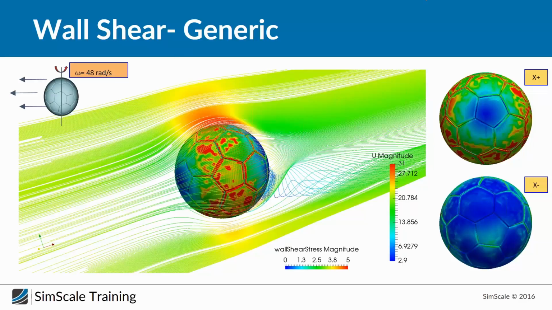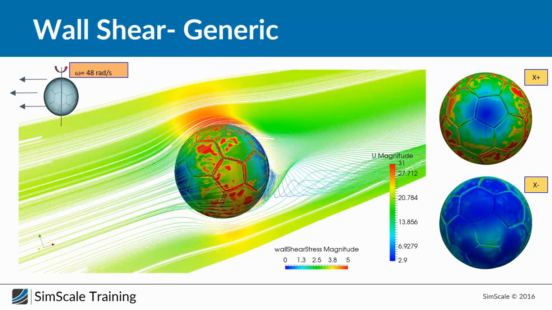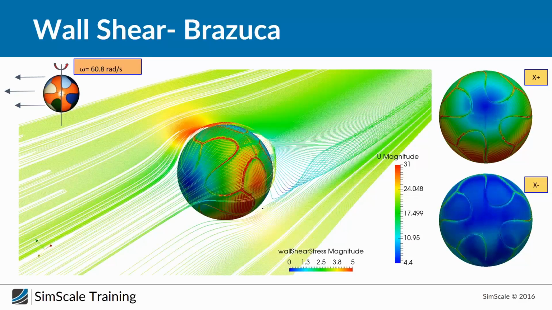And you can see here we have the flow separation, and if we compare it to the other ball, the structure is looking completely different. So we don't have this kind of flow separation here.